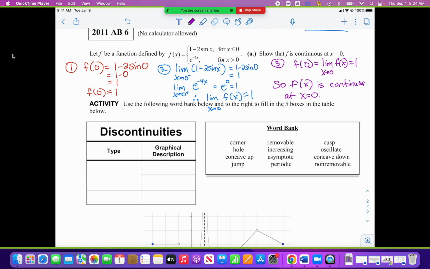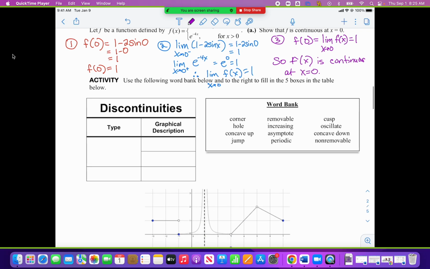All right, here's a quick activity. Use the word bank, put the type of discontinuity, and what I want you to recognize is one of them has 2 graphical descriptions, and the other type of discontinuity only has 1 graphical description. So go ahead and fill that in.